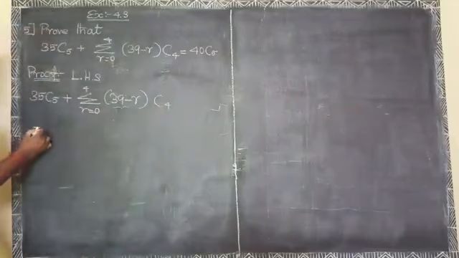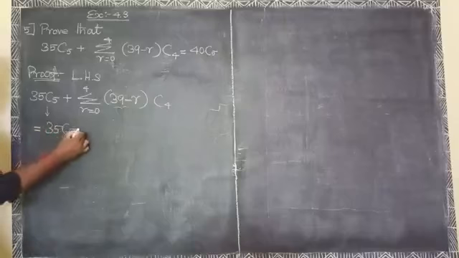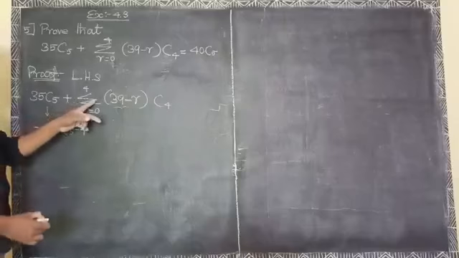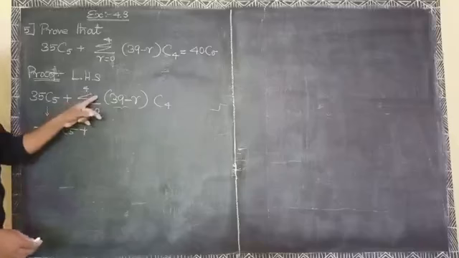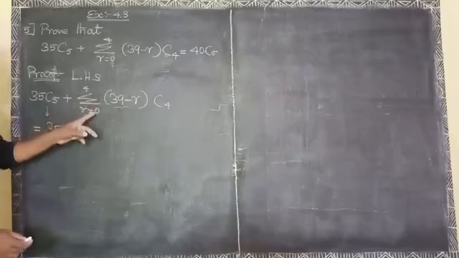Here the first term is 35C5 plus the summation. We remove the summation, meaning we substitute the values of r from 0 to 4.